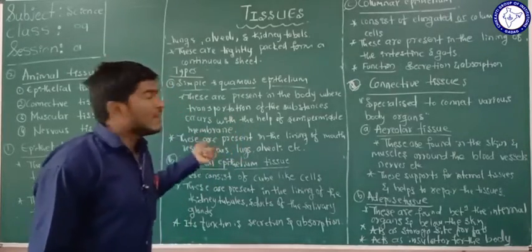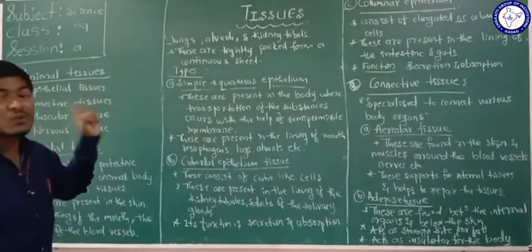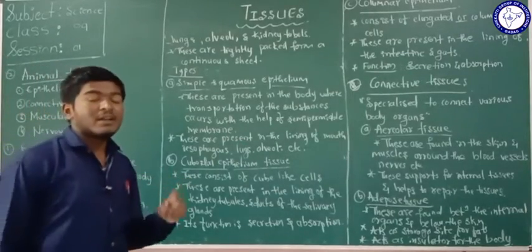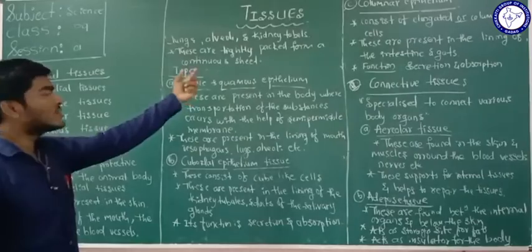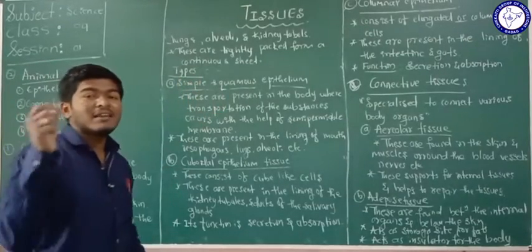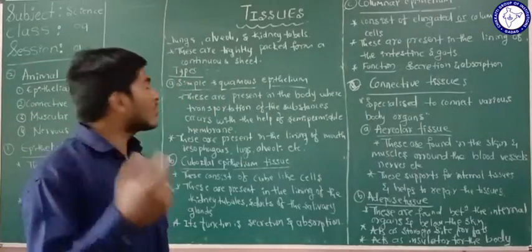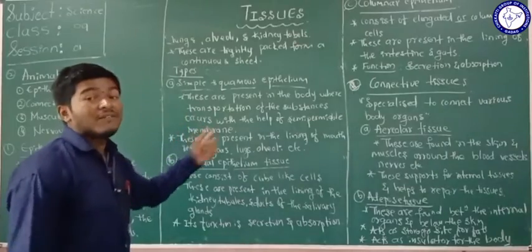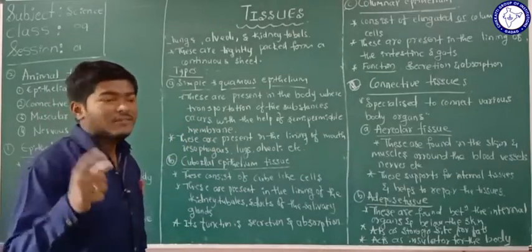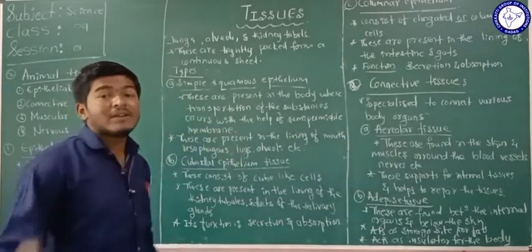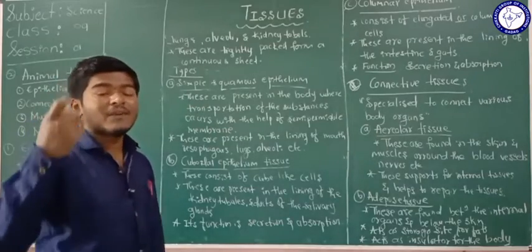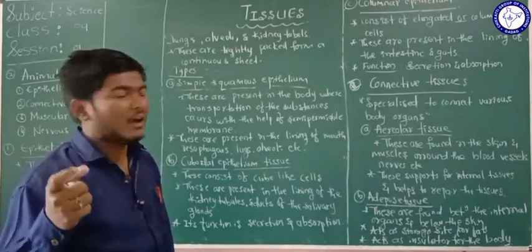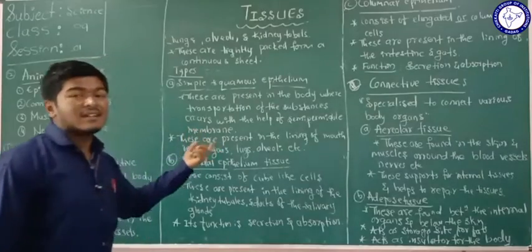So blood is one type of simple squamous epithelium tissue here. These tissues are generally in a fluid form. Why? Because they carry out the function of transportation. Therefore they are generally in the form of liquid or a jelly-like structure.